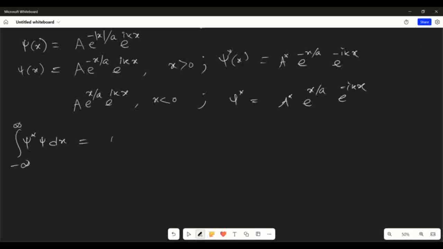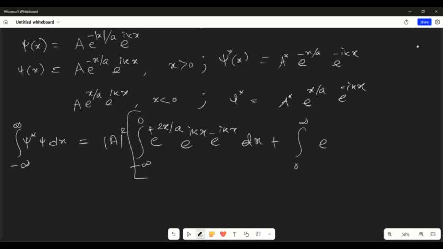So we get |A| squared, the integral of e to the power 2x/a, e to the power ikx, e to the power minus ikx, from minus infinity to 0 dx, plus from 0 to infinity e to the power minus 2x/a, e to the power ikx and e to the power minus ikx dx.